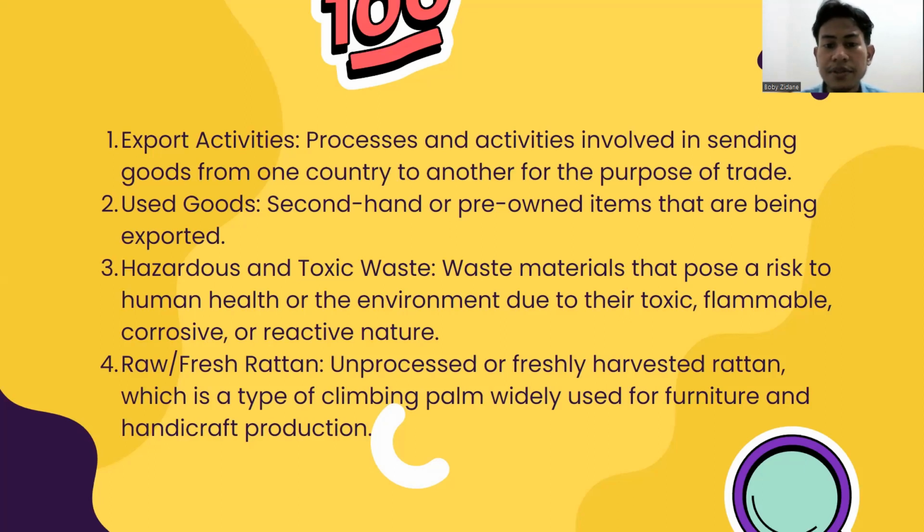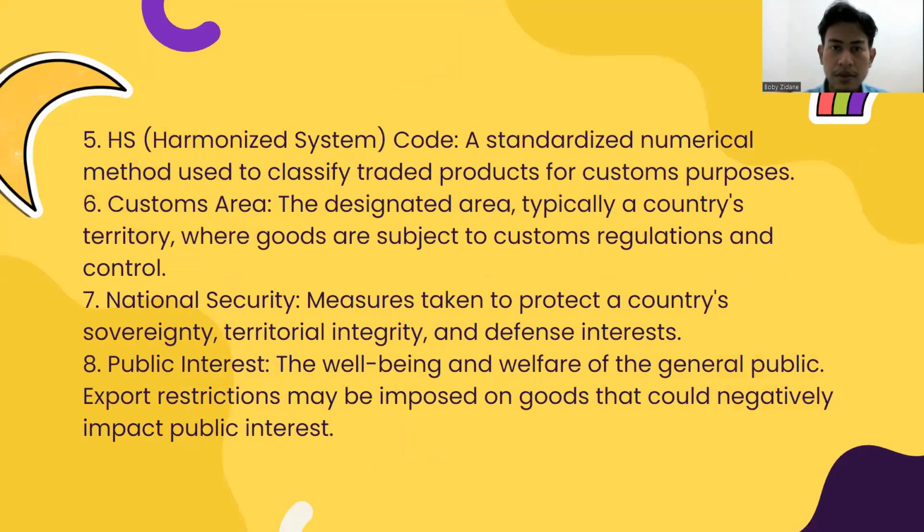It is unprocessed or freshly harvested rattan, which is a type of climbing palm widely used for furniture and handcraft production. And the next is HS. It is a harmonized system code. It is a standardized numerical method used to classify trade products for customs purposes.